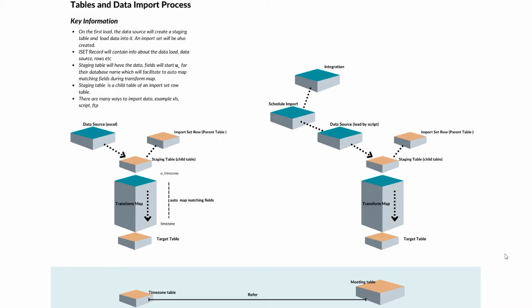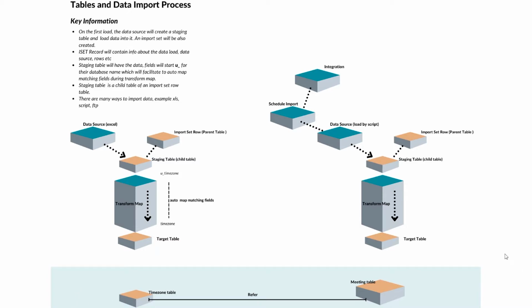So if we have more columns, let's say we have ID, email, we have to map them. How we can do it automatically is just by having a convention. We already see that we have U_time zone as the database name for our time zone field. So we will have just a rule saying, if you have U_time zone, map it to the time zone field that you have in your target table. If you have U_ID, map it to the ID field.